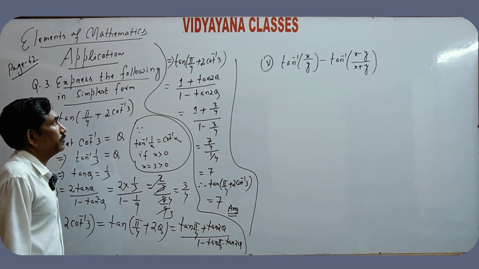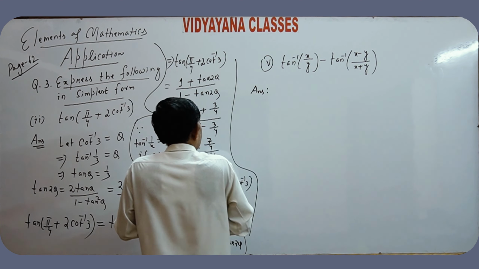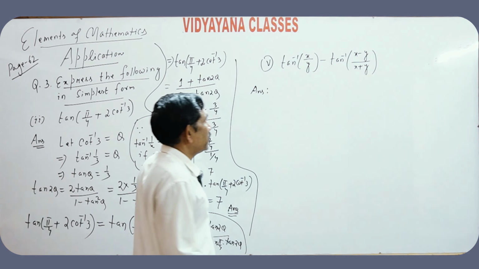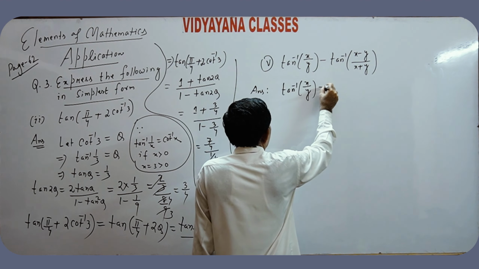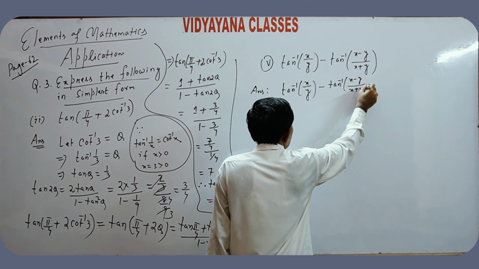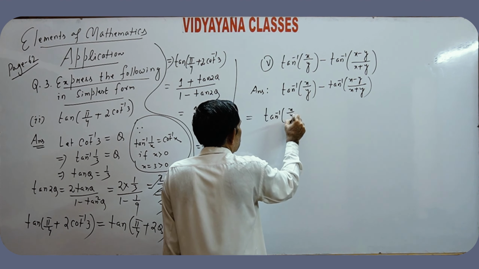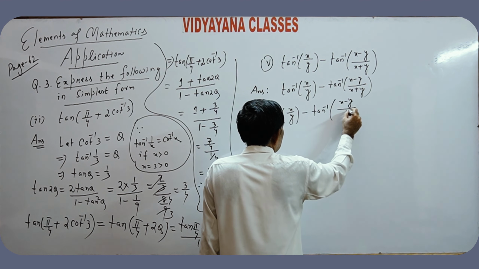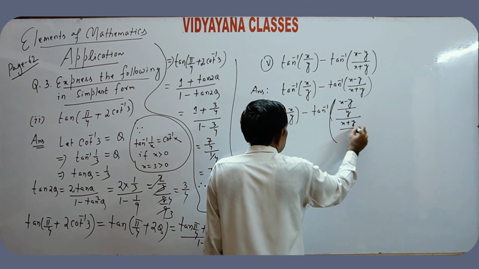Fifth bit. Answer: tan inverse x by y minus tan inverse x minus y divided by x plus y, which is same as tan inverse x by y minus tan inverse of x minus y divided by y, whole divided by x plus y divided by y.